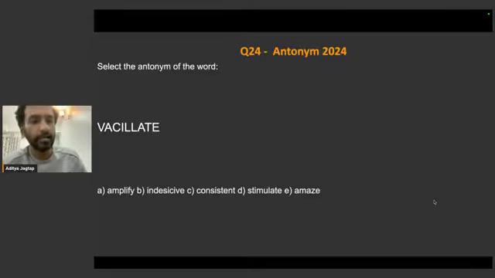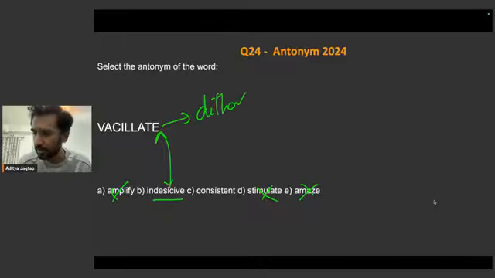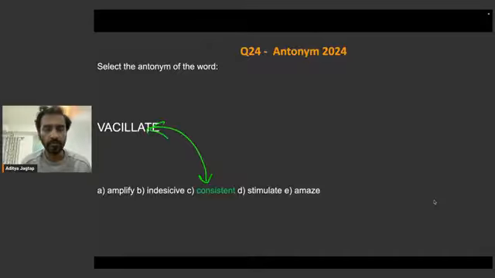Like I said, you want to learn the ability to solve these questions really fast without making any silly mistakes. If you notice, indecisive would be the synonym of vacillate, right? Amplify is incorrect, stimulate is incorrect, amaze is incorrect. Vacillate is to be someone who's indecisive, to deter, right? So consistent is the right answer here. Consistent is the antonym for vacillate.